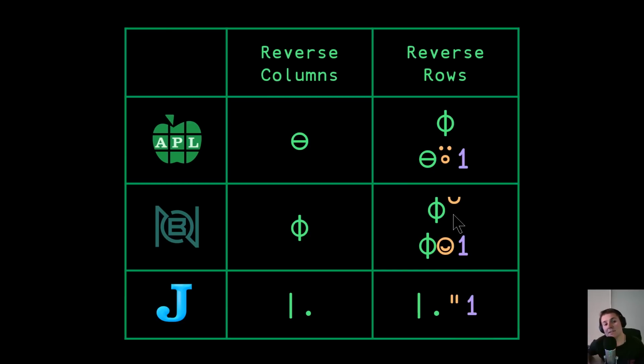And very nicely in BQN, for a lot of very common rank modifications, they have shortcuts. So this is something called cells, and it's basically just a different spelling of rank 1 because it's so common. And the jury's out on which I think is actually best. I think that the leading axis model is definitely the best model, but it's not necessarily the easiest to learn.